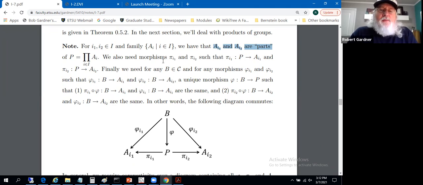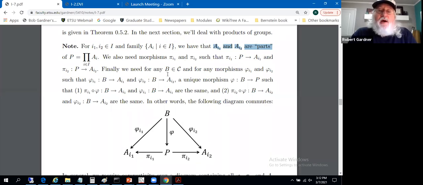If we have morphisms pi i sub 1 and pi i sub 2 that take the product and map it to these parts, these A i sub 1's and A i sub 2's. If we're in a category and the product is also an object in the category, then such morphisms should exist.